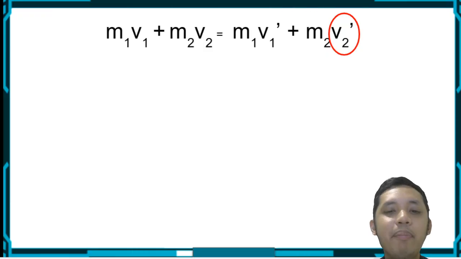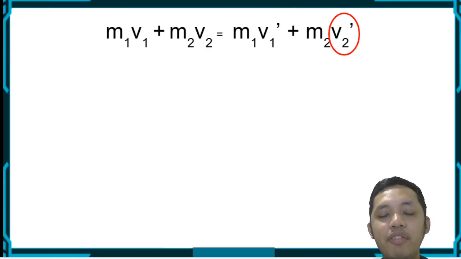Another example: if we are looking for the velocity of the first car after the collision, then we make sure that this is the only variable on this side. So we have to isolate this, and the variables m1, m2, v2 change should not be on this side. But let's focus first on deriving a formula to get the velocity of the second car after the collision.